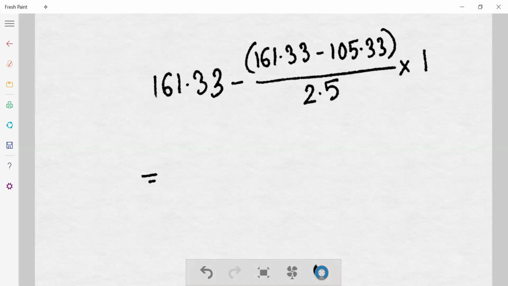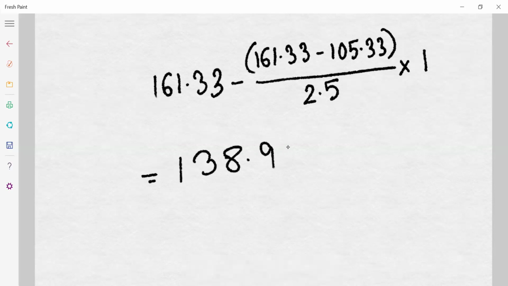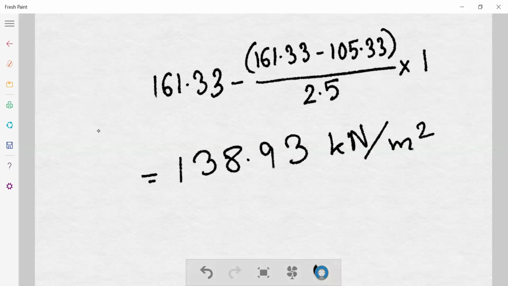Let me just calculate 161.33 minus 105.33 divided by 2.5, which is 22.4 kilonewton per meter square.